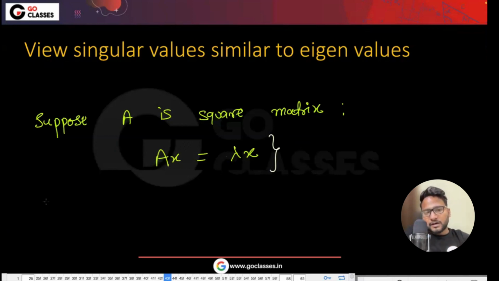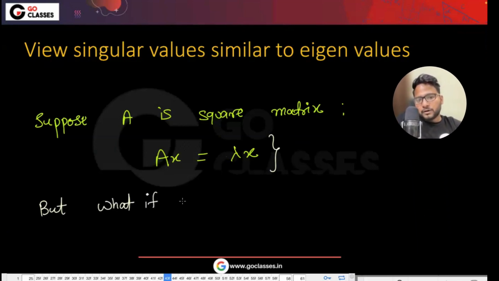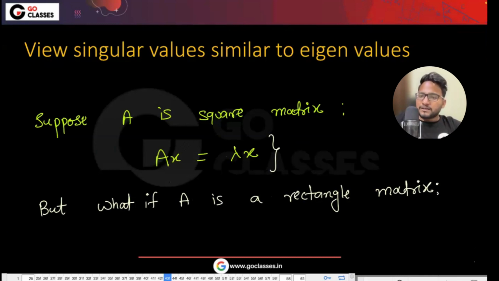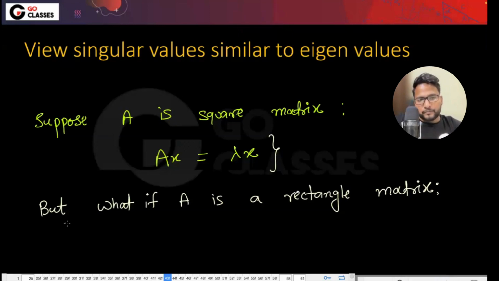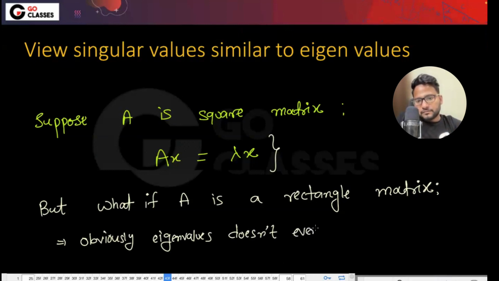What if A is a rectangular matrix? In that case, obviously the eigenvalues don't even exist, right?